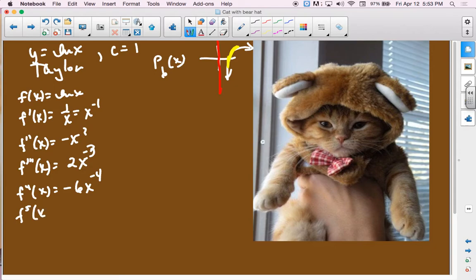The fifth derivative at x is 24x to the negative 5. And the sixth derivative at x is, I think that's 120. I don't know why I didn't write down more than that. Because I need a degree 6 polynomial. But anyway, 24 times 5, I believe, is 120. So it's negative 120 x to the negative 6.